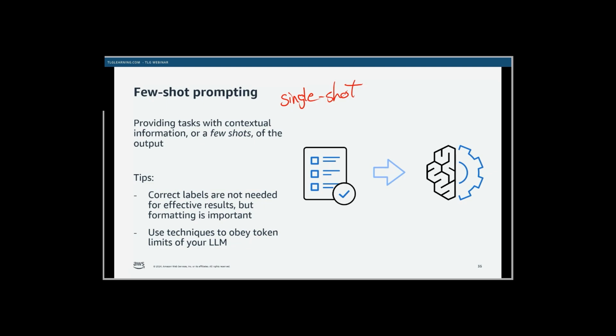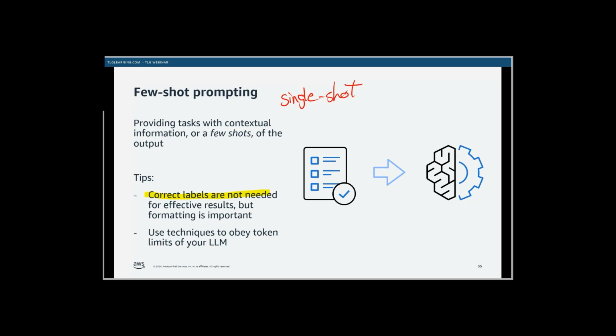And we may need to provide labels. Here's an interesting thing about the way LLMs work: the correct labels are not necessary to get effective results. You'll see some examples here, but the examples you provide don't have to be ground truth, as we call it. It doesn't have to be absolute truth.